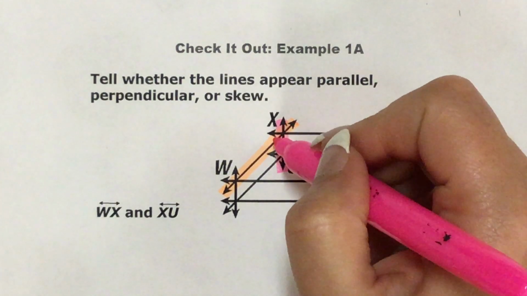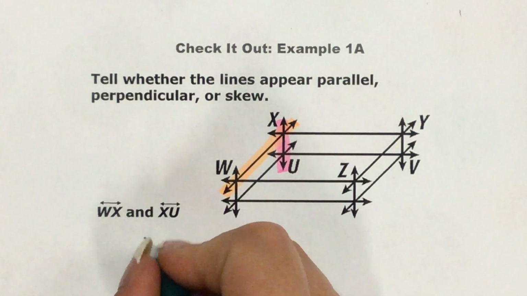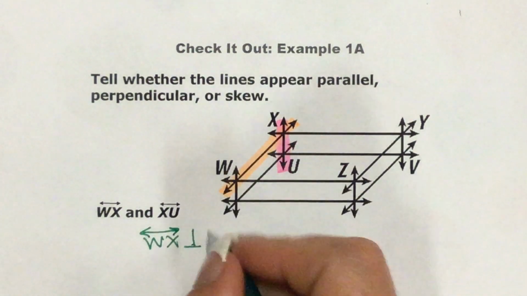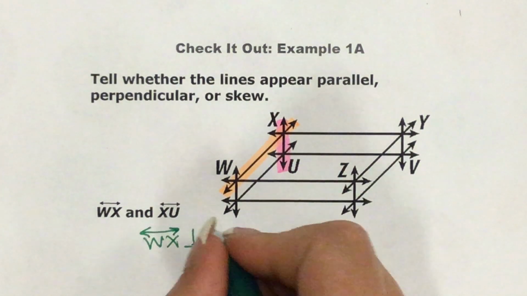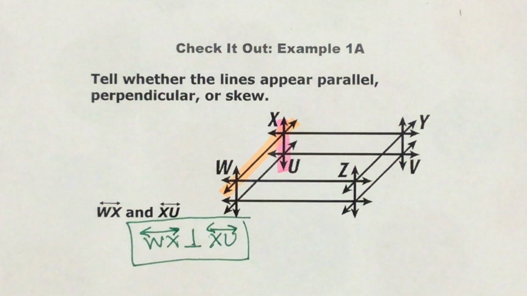Okay, and those lines appear to be perpendicular. So we're going to say line WX is perpendicular to line XU. Okay, so if you got that one right, great job.